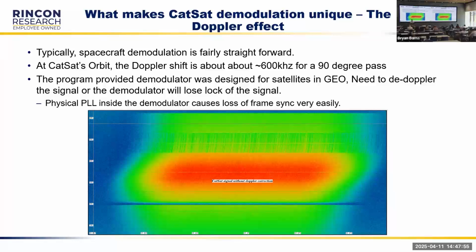That's great, but all those spacecraft are usually out at geostationary orbit where there's no Doppler shift, so the spacecraft in relation to you is not moving. That's great because you don't have to deal with the Doppler shift, but CatSat's in LEO, and at X-band our Doppler shift is about 600 kilohertz. That's important because the demodulator that was provided by the program was designed for satellites in GEO.